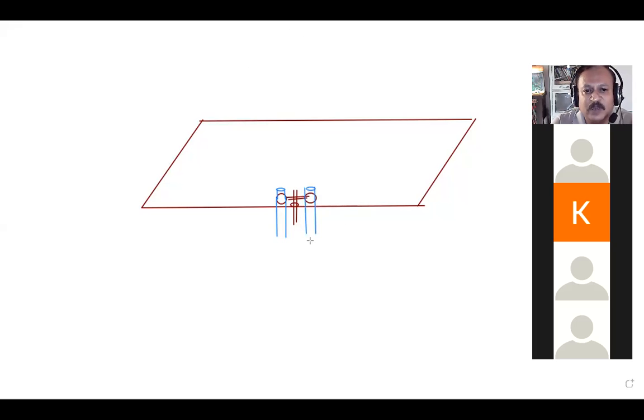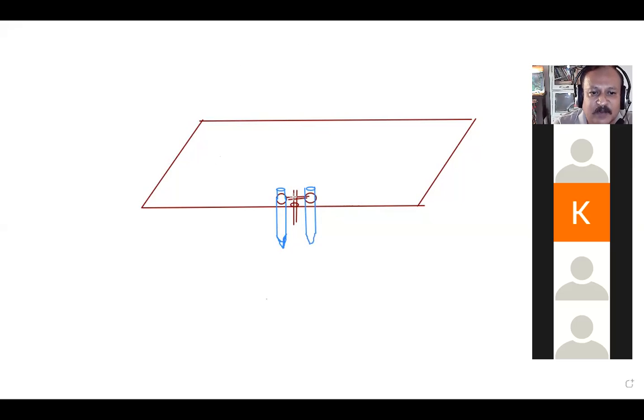Okay, so you have put the test tubes here, or centrifuge tubes. Do you remember? And then there was a handle here.